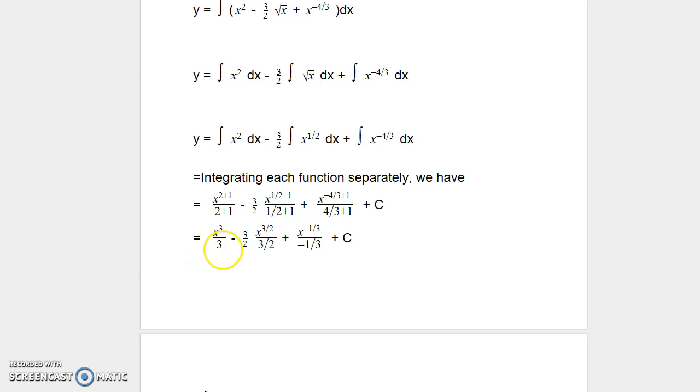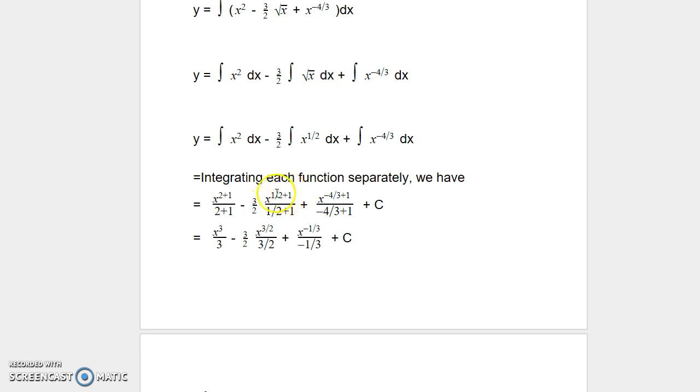So when we simplify it, it's going to look like as shown in this next step here. X to the power of 2 plus 1 is x to the power of 3 divided by 2 plus 1 is 3, that is in the denominator, minus 3 over 2, x to the power of 1 half plus 1.